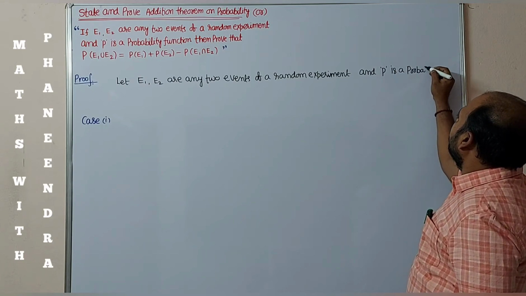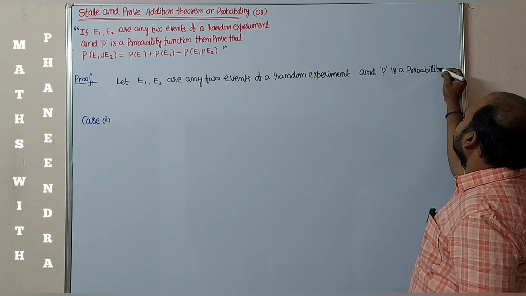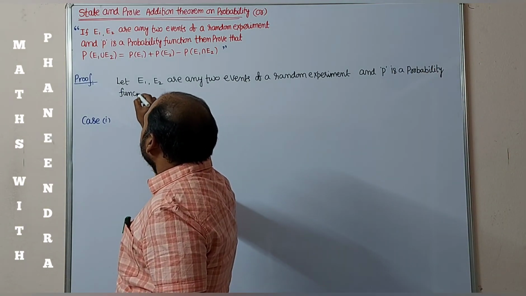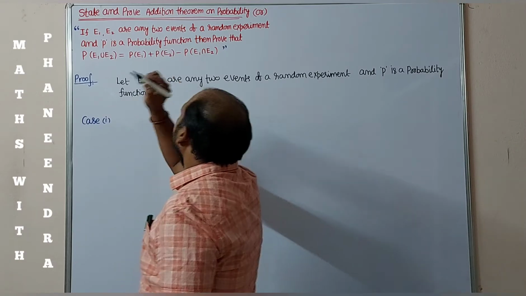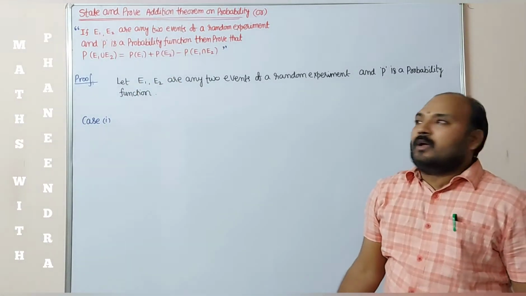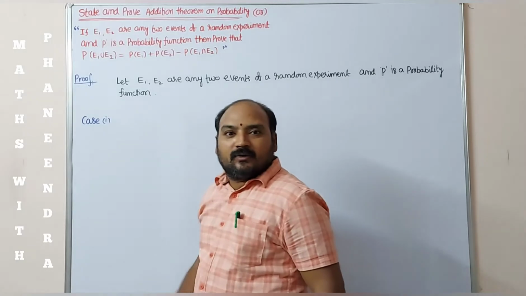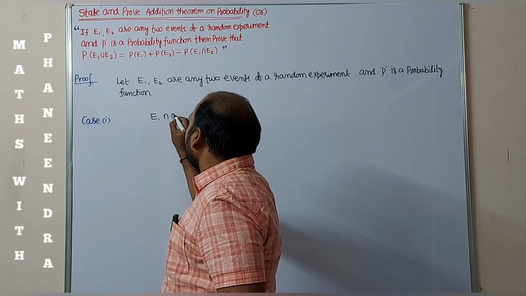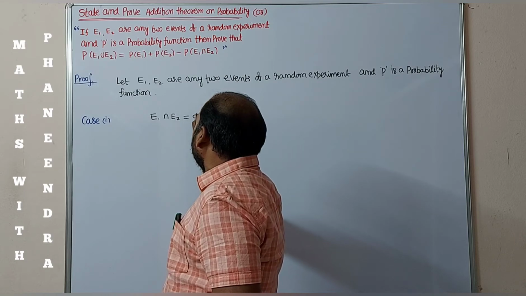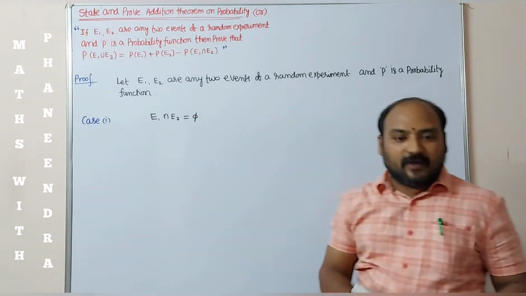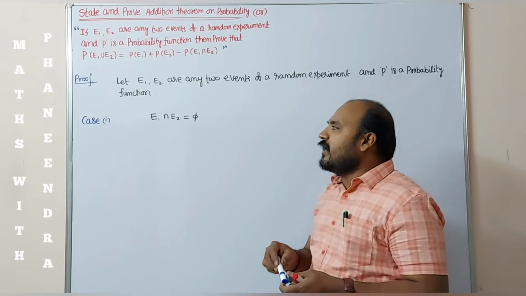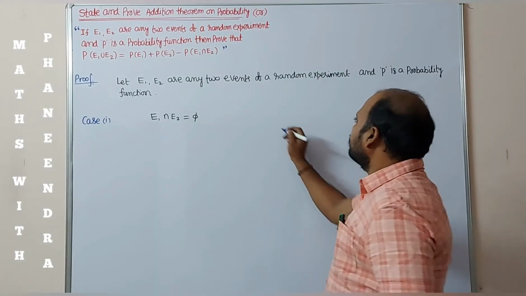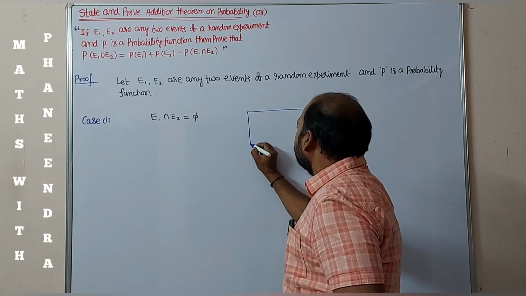In case 1, if E1 intersection E2 is equal to phi, it means these are disjoint sets. So case 1, observe carefully, dear students.